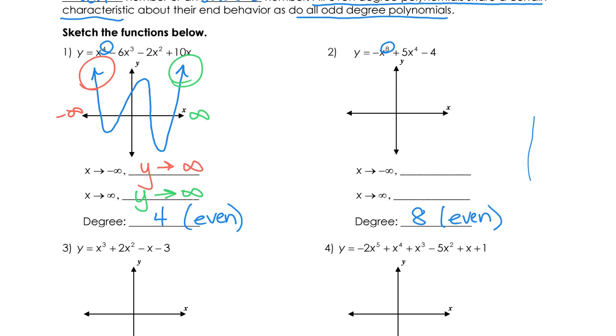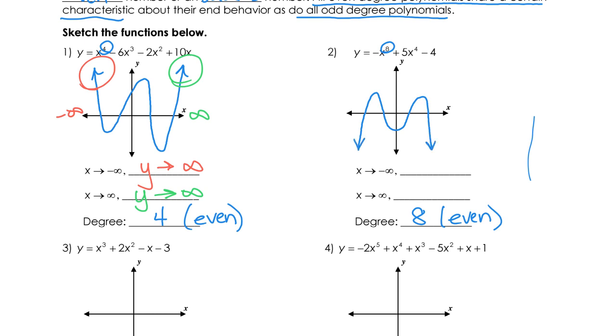So if I go to y equals in my calculator and I type this equation in, what we're going to find out is that it looks like this. It goes up, then down, turns around, goes back up, and then back down.